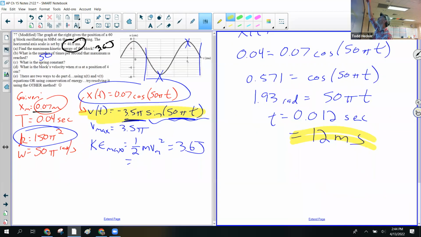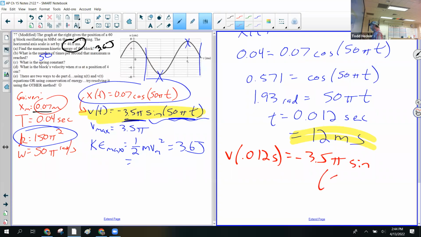I need to get to physical therapy. So our velocity at 0.012 seconds is negative 3.5 pi times the sine of 50 pi times 0.012.